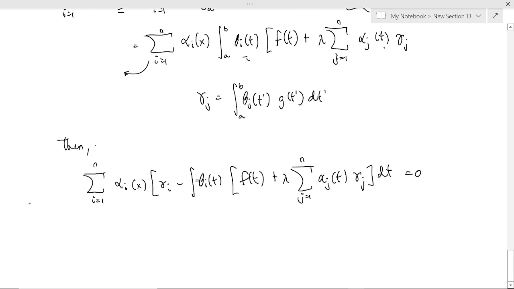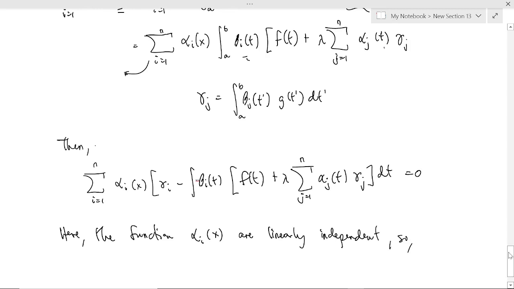Here, the functions alpha_i as a function of x are linearly independent.